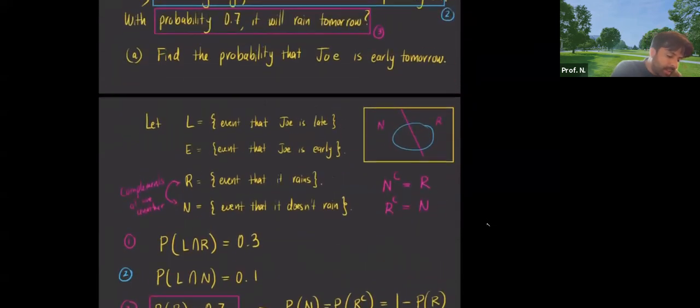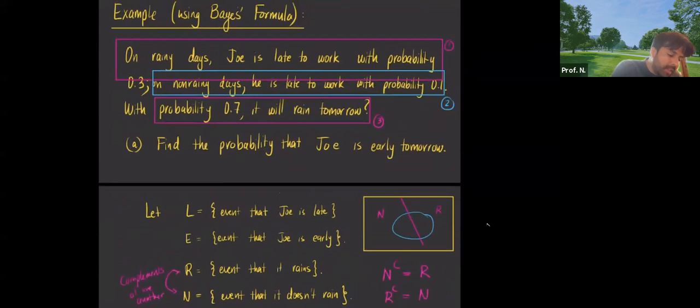Now, looking back at this, it says that he's late to work with probability 0.3. I know it doesn't say it, but it's kind of implying that, given a rainy day, Joe is late to work with probability 0.3.